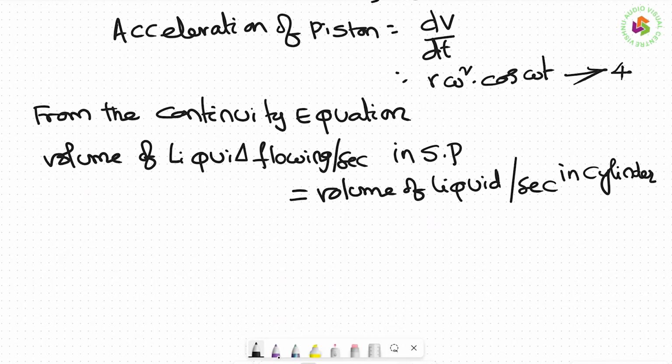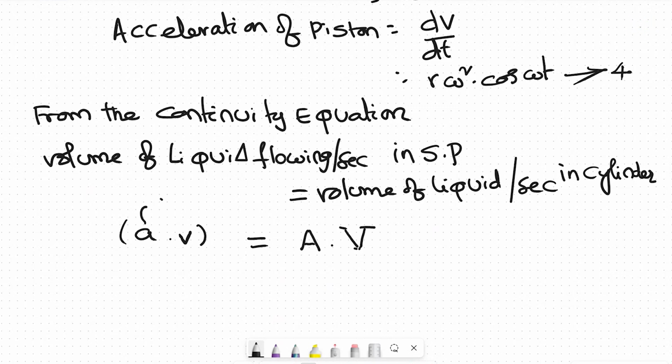Discharge is equal to, in the pipe, area of the pipe into velocity small v. This is related to suction pipe, which is equal to here basically the area of the piston or cylinder into velocity of flow in the system.